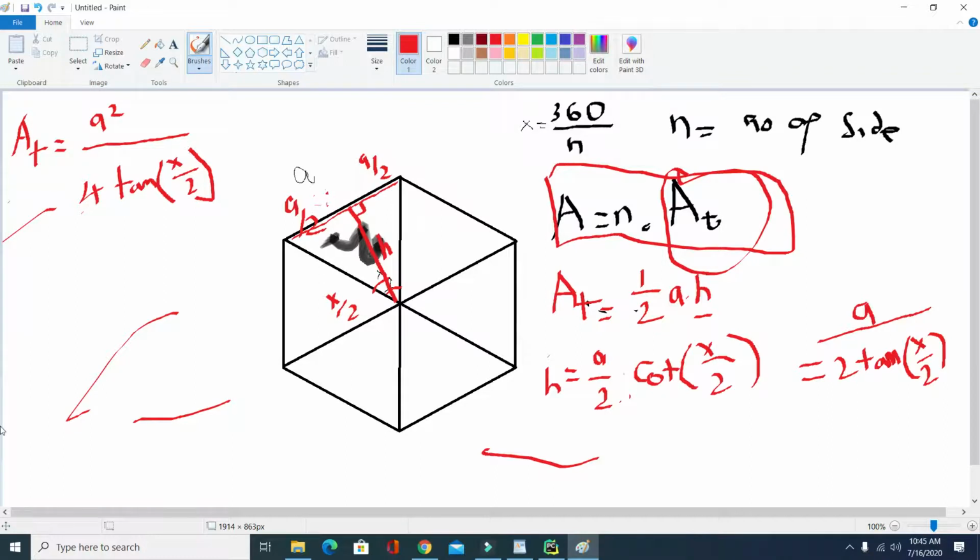So now we can calculate A, which is basically, and we're gonna substitute X for 360 over n, so we have to type n in, so it's gonna be n A squared, and then we have to substitute in, so 4 times tan.